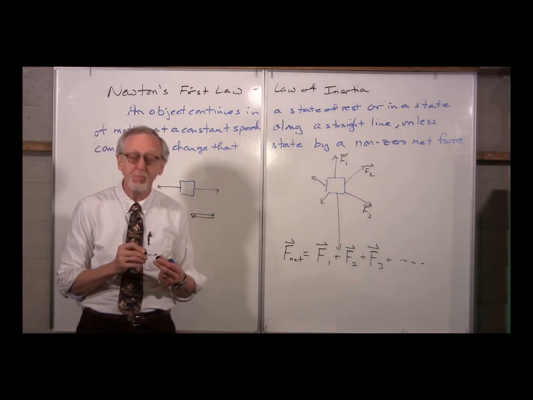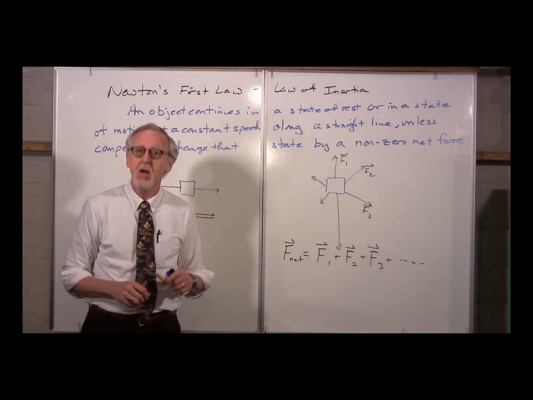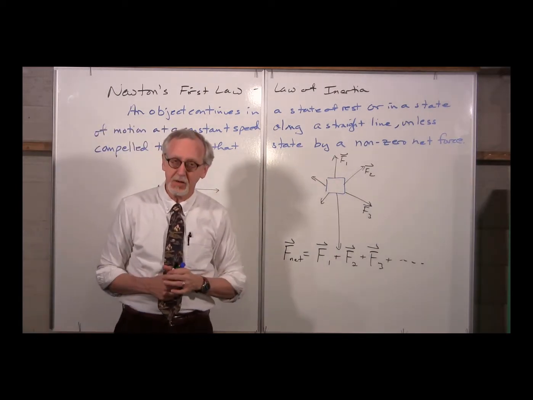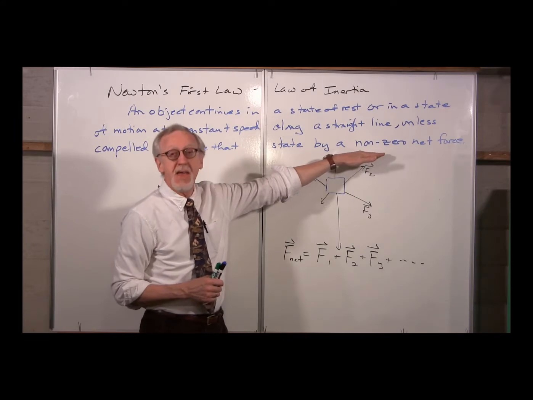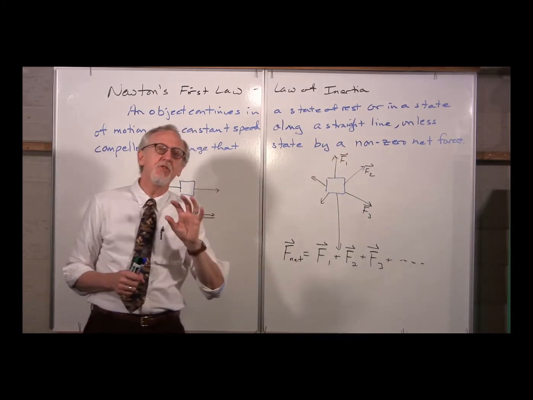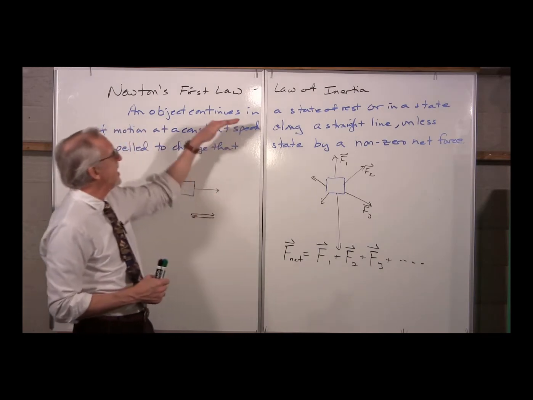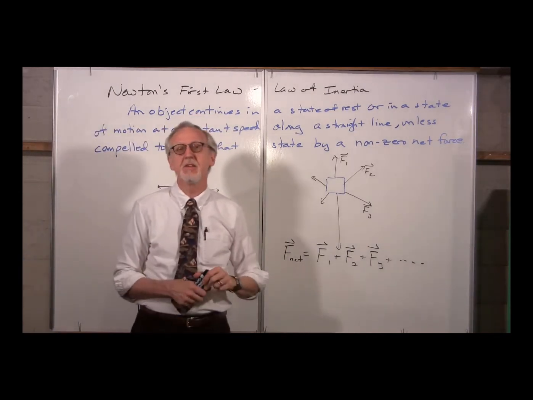Remember, adding vectors, you put them head to tail. This would give us a zero net vector, zero net force. If there is no net force acting on the object, then the object maintains a constant velocity.